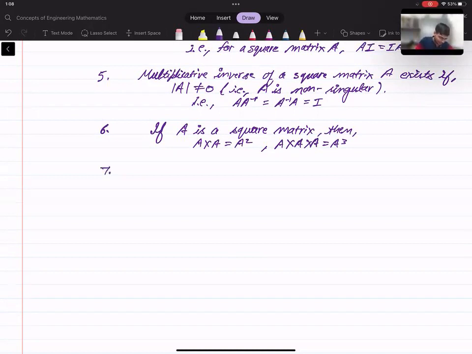The next property is that any square matrix A raised to power 0 is simply the identity matrix.